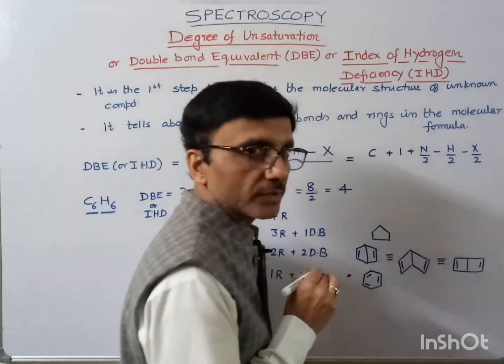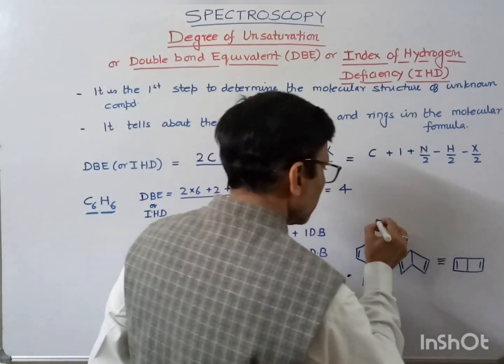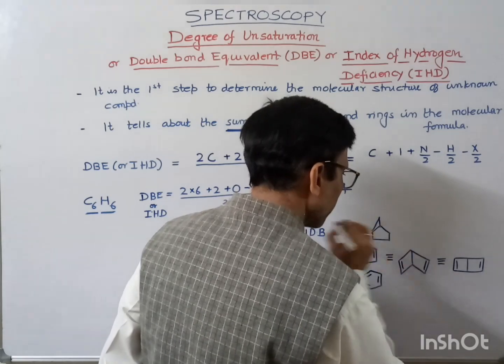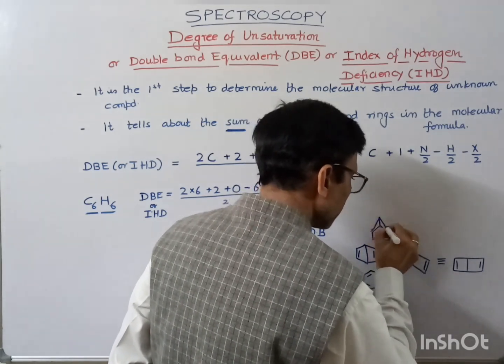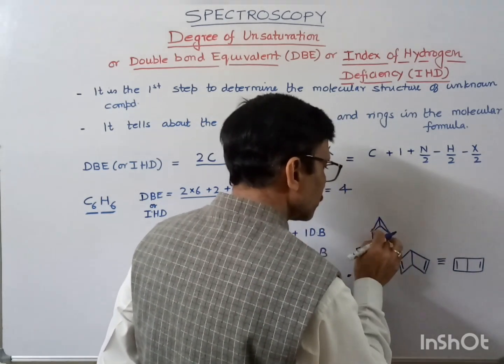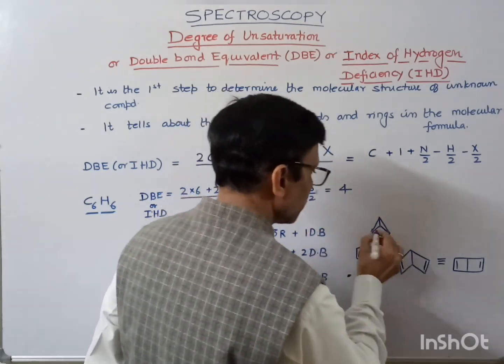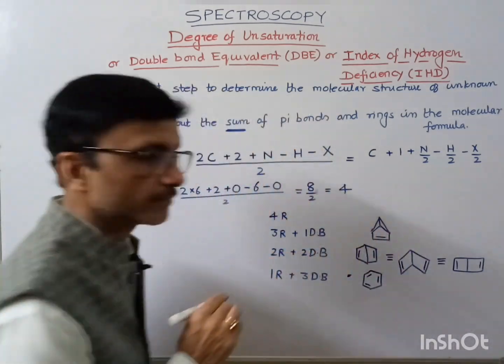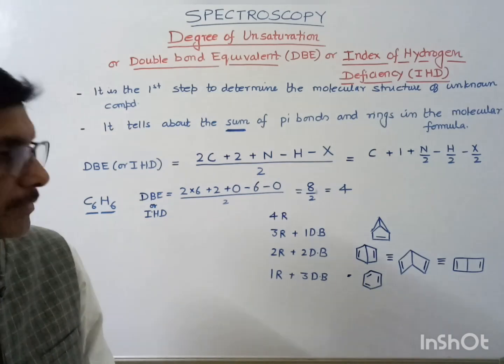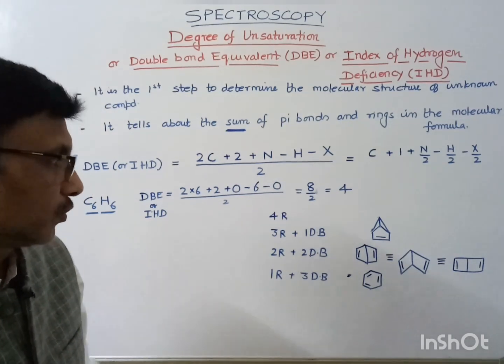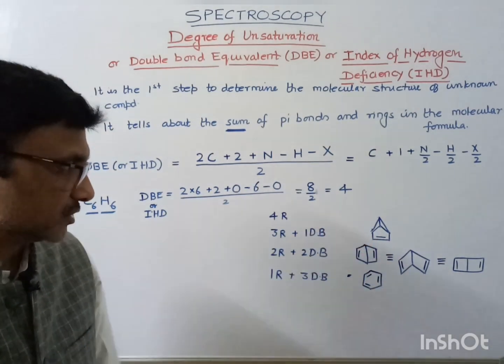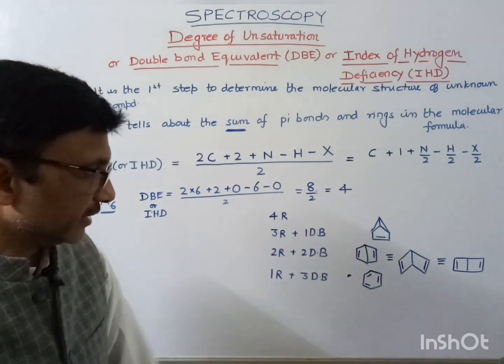This is one ring, second ring, and this is our third ring. So 3 rings plus 1 double bond. This is another way of representation. A total of 9 bonds are present, 3 rings and this.